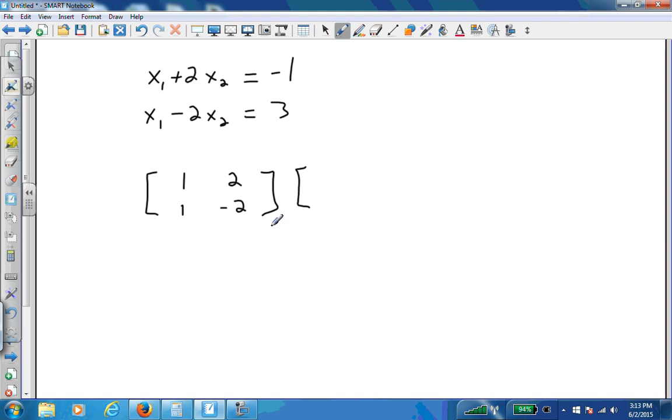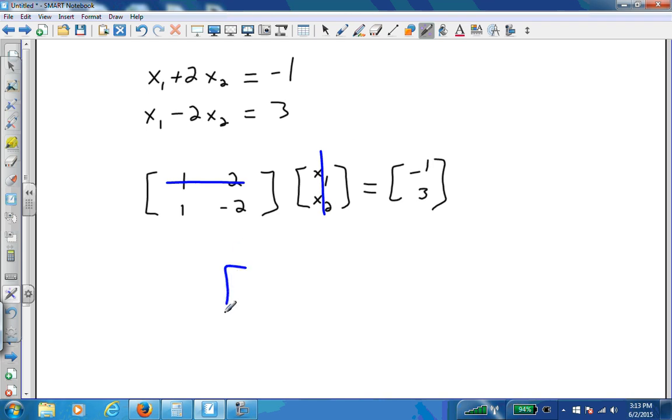Our x vector is x1, x2. Our resultant vector is negative 1, 3. Notice if we multiply the left side, row times column, we have 1x1 plus 2x2 for our top entry, which equals the top entry on the right.